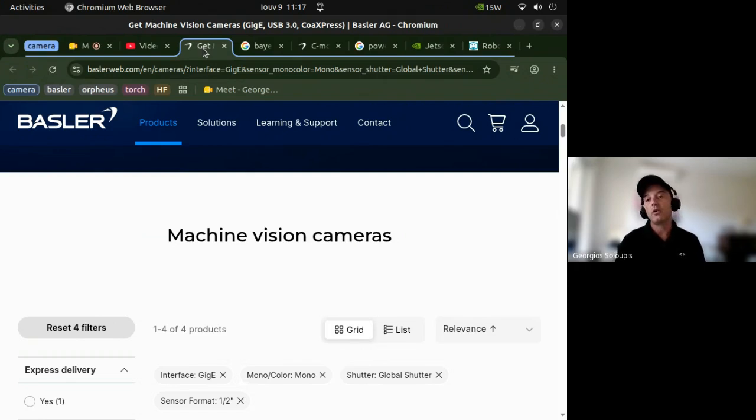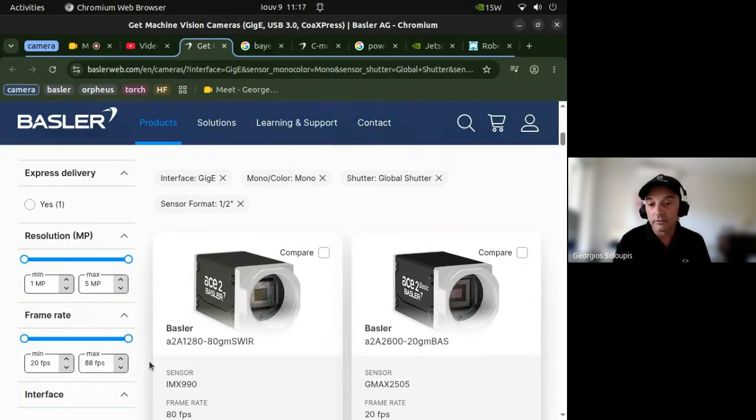First of all, one of the critical components of this setup is the camera that we are going to use. As we saw in the previous examples, sometimes the camera does not have a lot of frames per second, so you miss the frame when something happened.